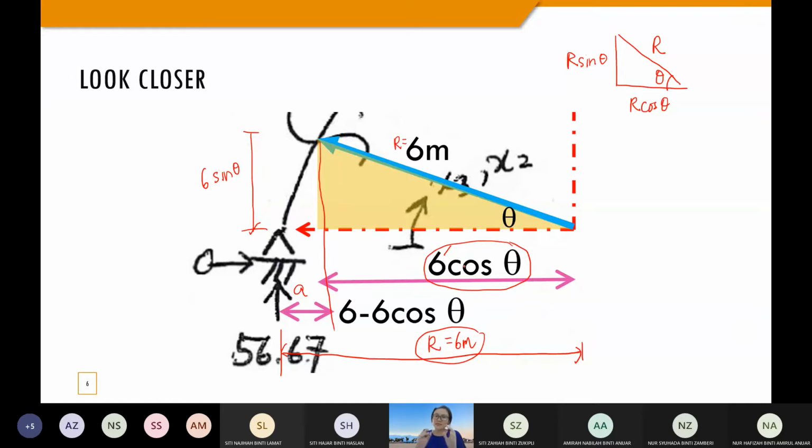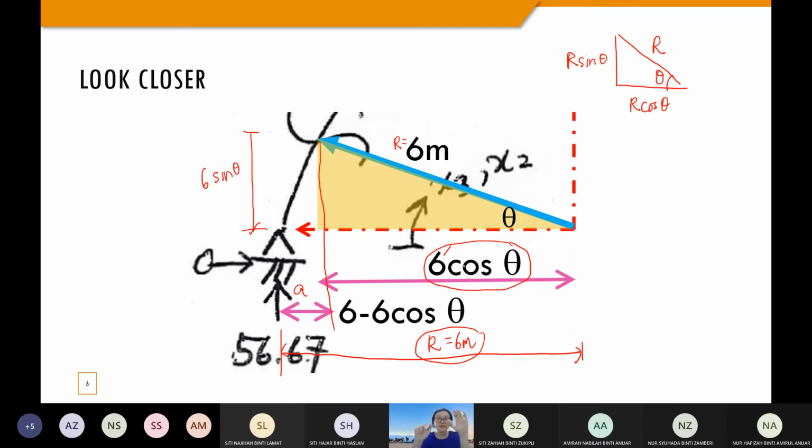This case will happen at any location in this curve. So no matter whether this theta is 10 degrees, 20 degrees, 30 degrees, 40 until 90 degrees, this template is the same.